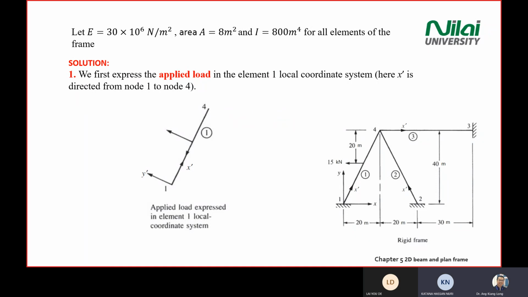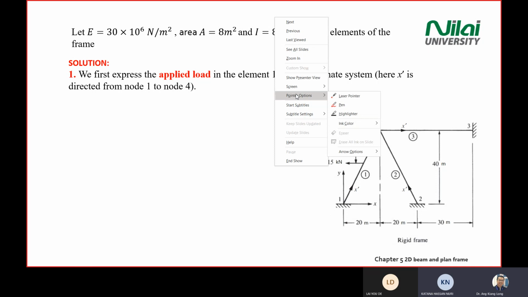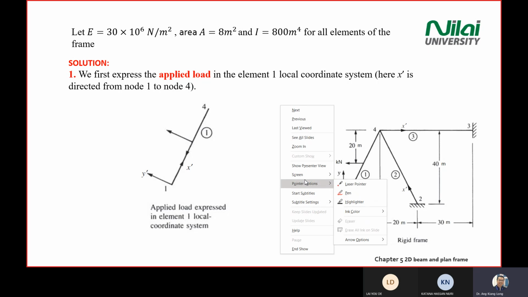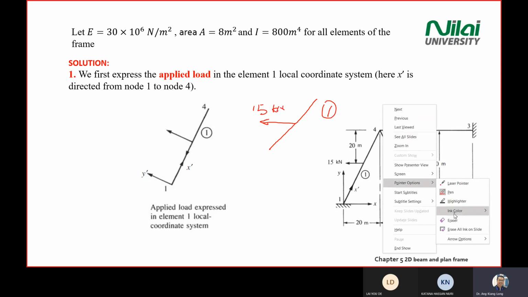I'm not understanding the conversion of element 1. Okay. Right. What we need to do for the first step of this kind of question is transform. This is element 1, right? So you have forces in this direction, 15 kilonewton. Let me change the color. Let me use purple color.